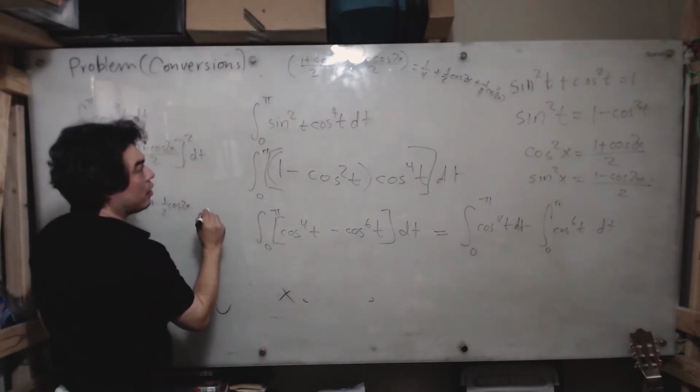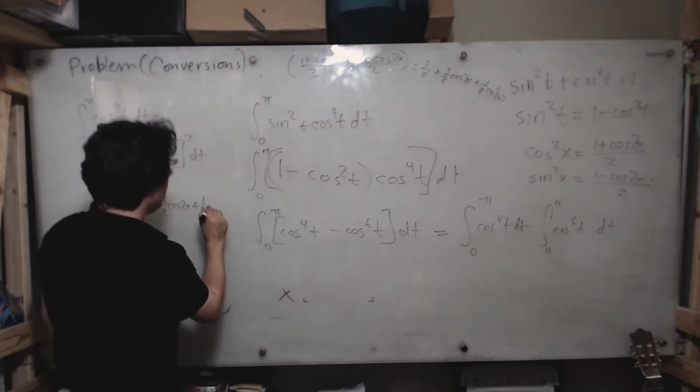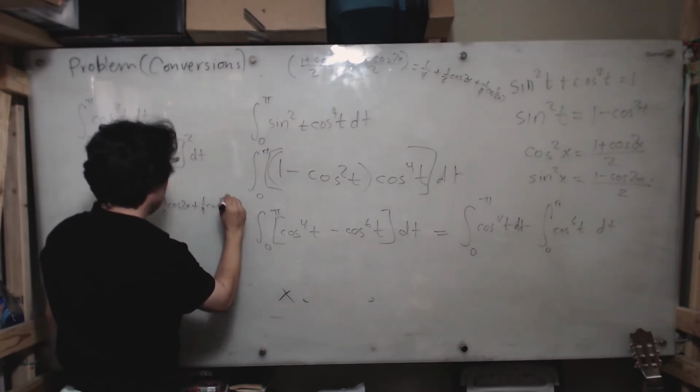And then plus 1/4 cosine squared of 2x. So that is 1/4 plus 1/2 cosine of 2x plus 1/4 cosine squared of 2x dx.